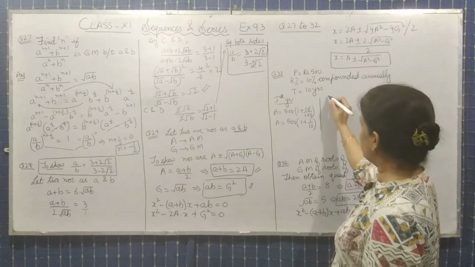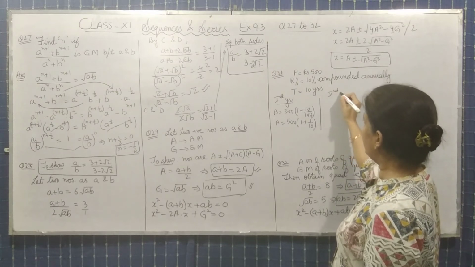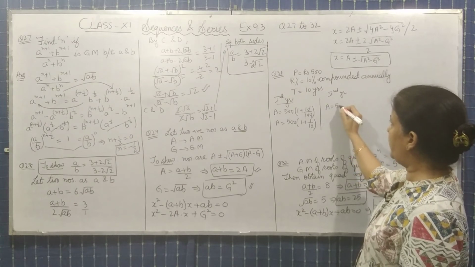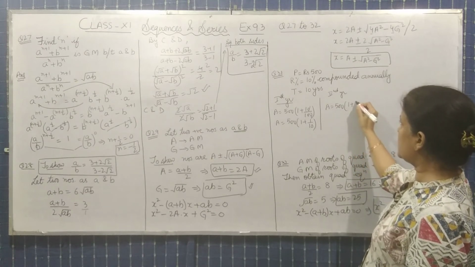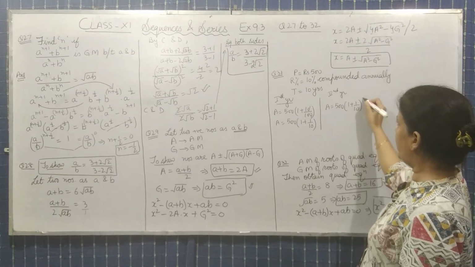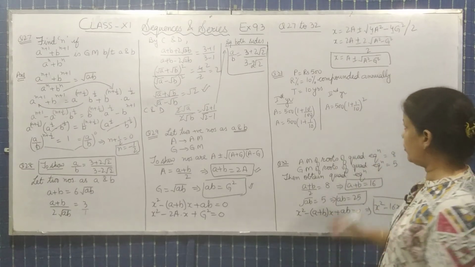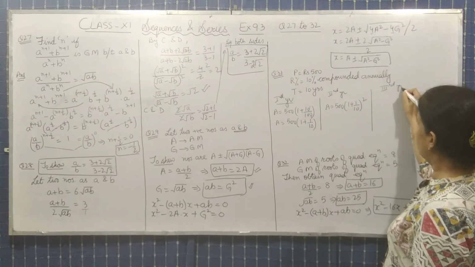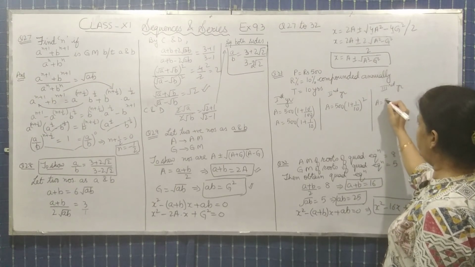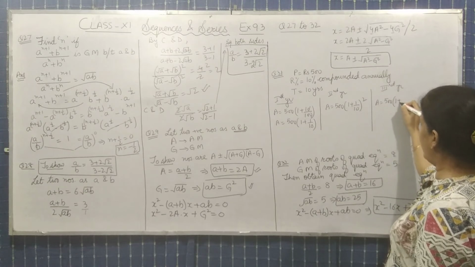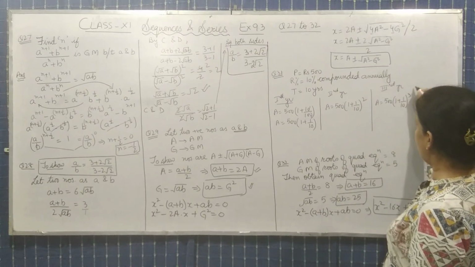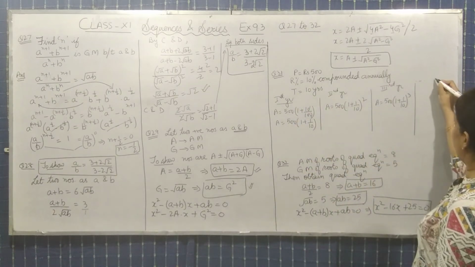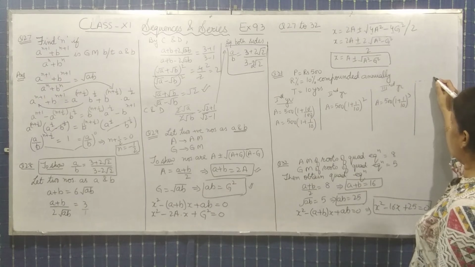Now let's see for the second year. Second year, it will become A equals P (1 plus R upon 100) power 2, isn't it? After solving it. Third year, it will become 500 (1 plus 1 by 10) power 3, isn't it? And the same way for the 10th year, we have to find out.